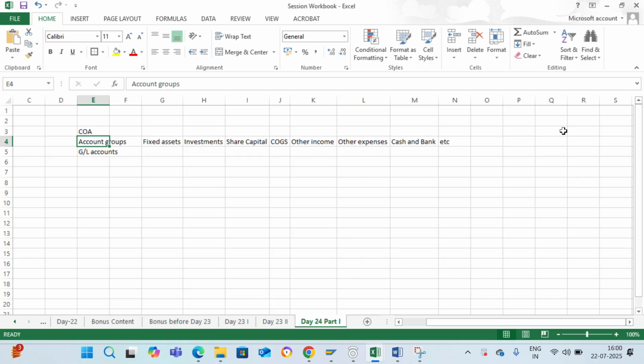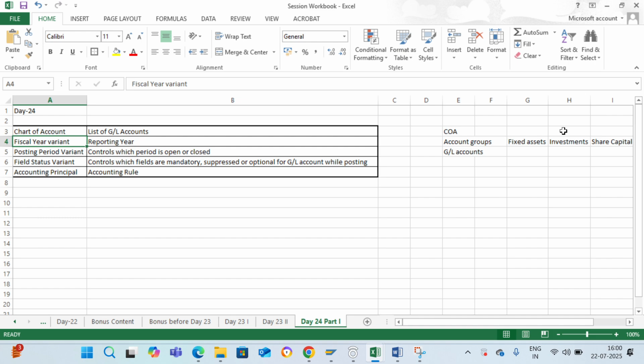We can group all the balance sheet accounts into different subgroups. Similarly, all the P&L accounts can be grouped into different subgroups, and all those subgroups are called the account groups. And below these subgroups, there are multiple GL accounts created with a particular number range.